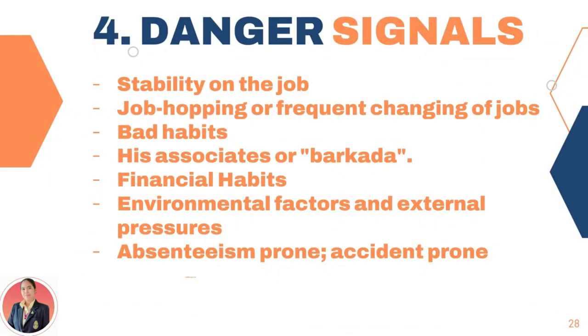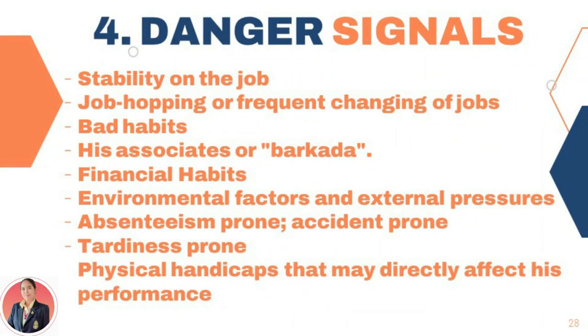Absenteeism prone, accident prone, these affect certain individuals only. Tardiness prone, is he of the habit of not waking up early to be at his work on time? Lastly, physical handicaps that may directly affect his performance on the job.